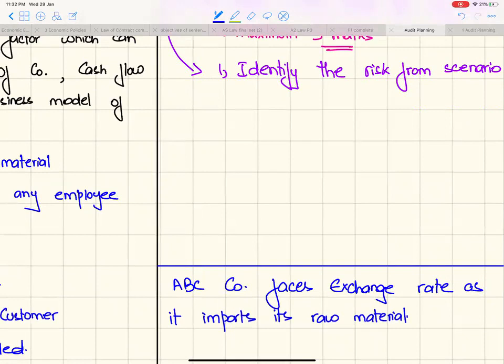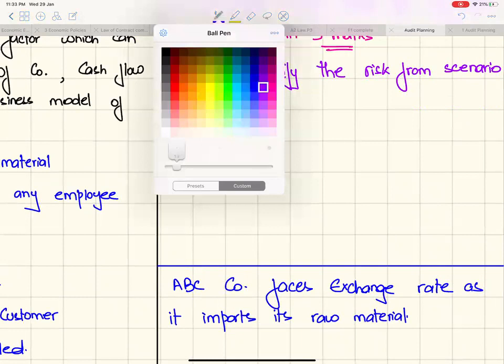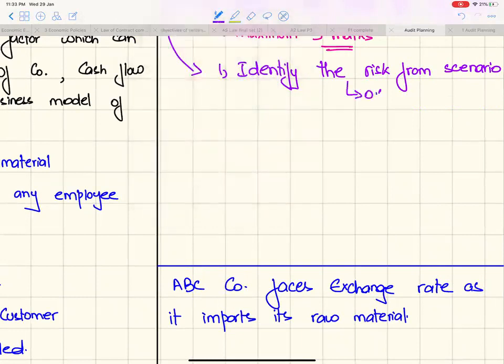Now, if a student has identified the risk in the right manner, he will get 0.5 marks. What you need to make sure is that identification should be of one sentence. I didn't say one line, I said one sentence.